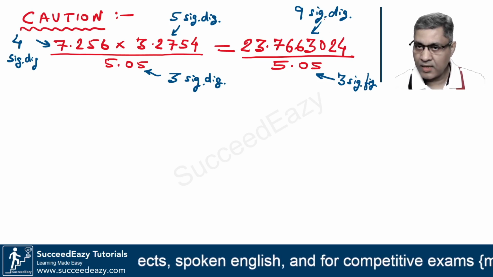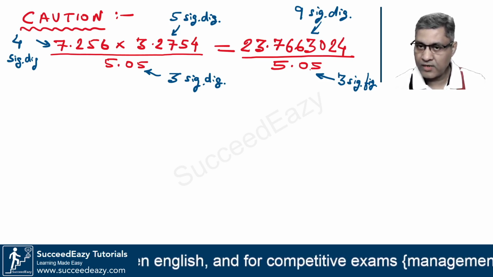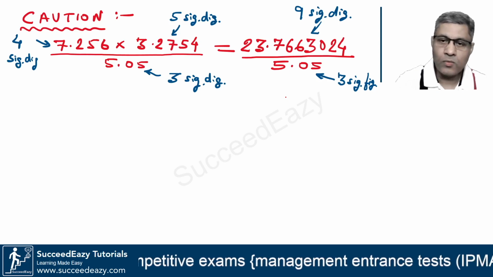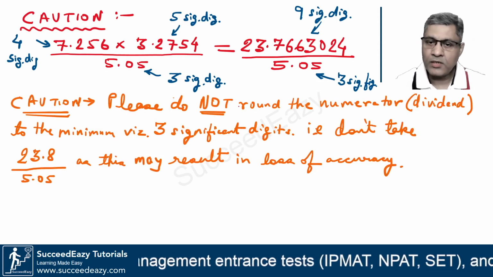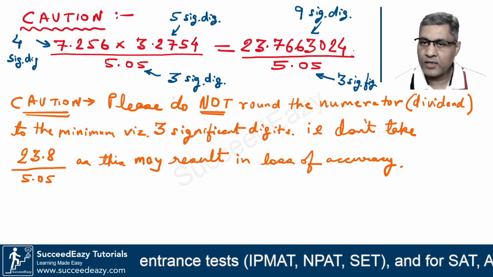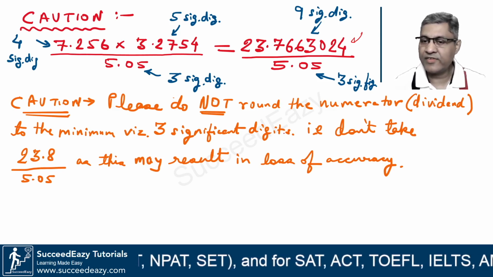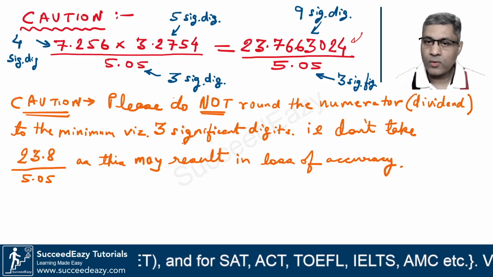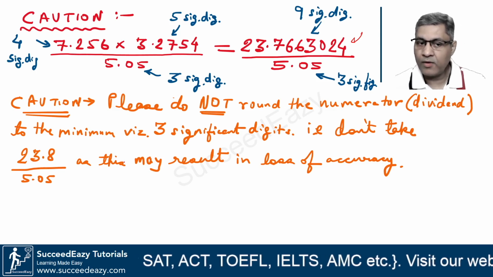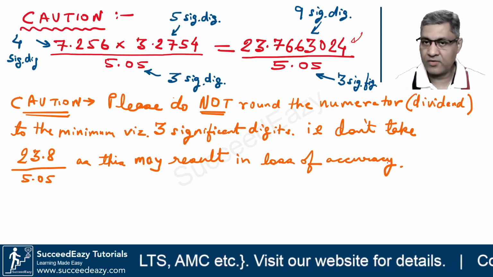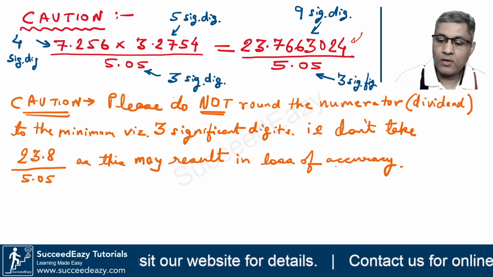The numerator has 9 significant digits and the denominator on the right hand side has 3 significant digits, isn't it? So the caution is that please do not round the numerator or the dividend to the minimum of 3 significant digits. That is, don't take 23.8 and then divide it by 5.05, as this may result in a loss of accuracy, okay? So that's the word of caution.